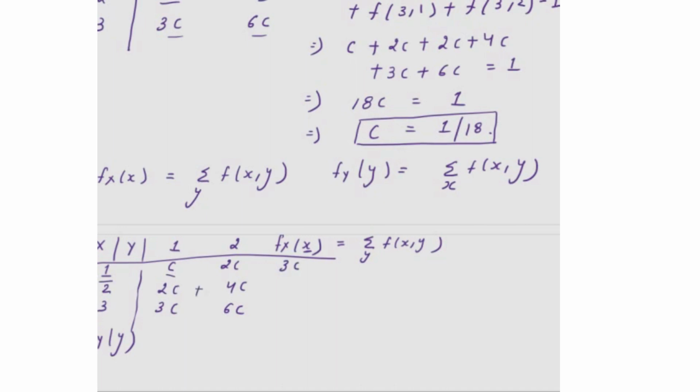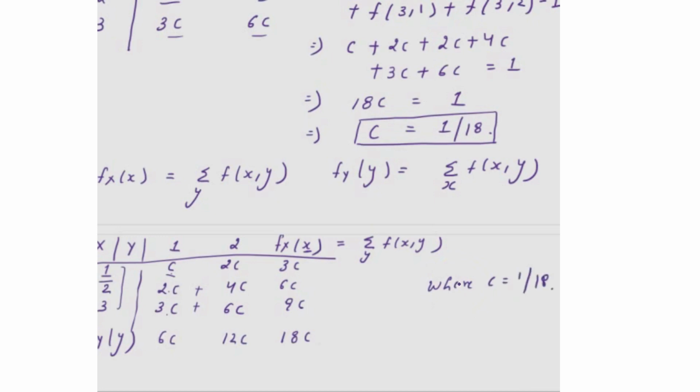Then 2c plus 4c, that is 6c. 3c plus 6c becomes 9c. And for fy of y, take the summation over x values. So this is c plus 2c plus 3c, which equals 6c. Then 2c plus 4c plus 6c, that is 12c, where c is equal to 1 by 18.